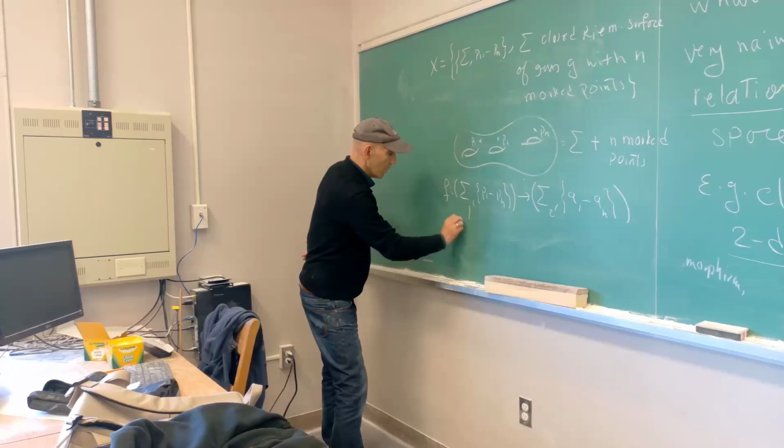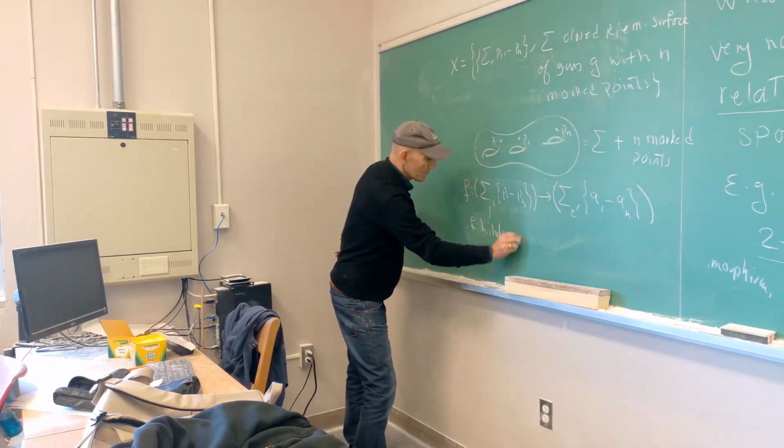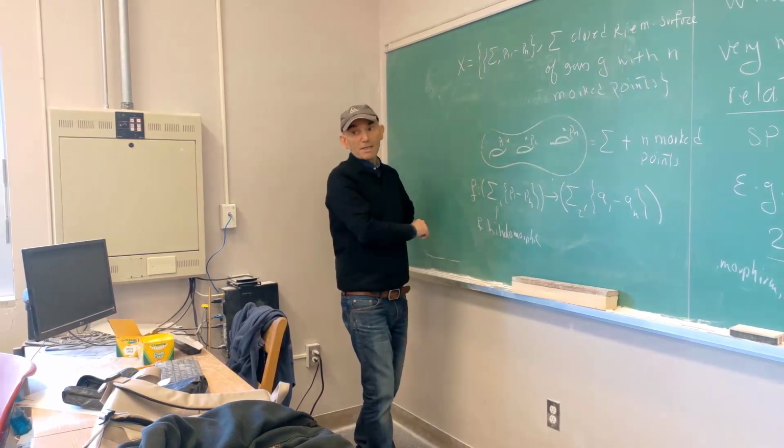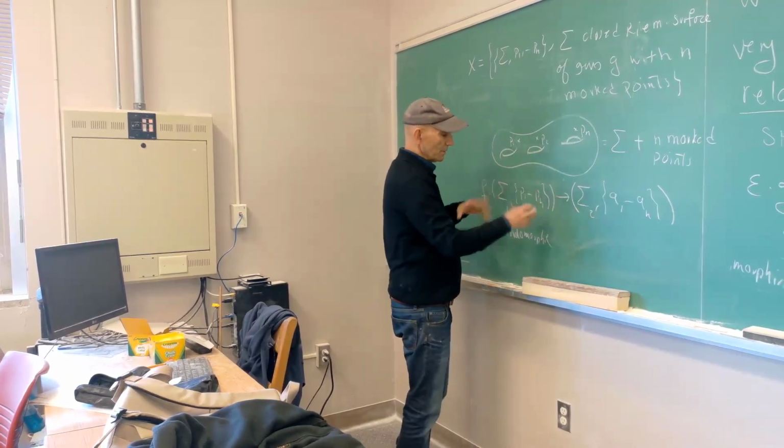F is biholomorphic as before, but it has to respect these points. So yes, these labels are important.